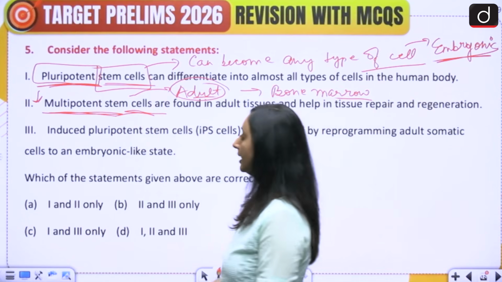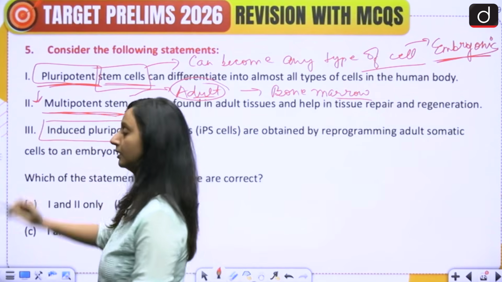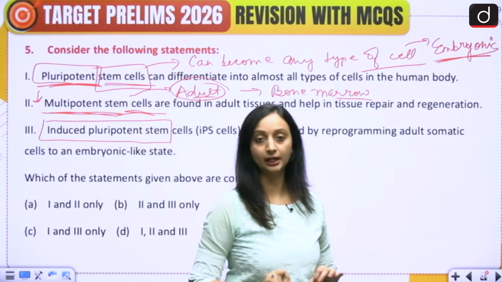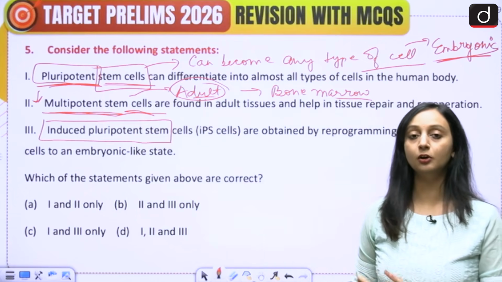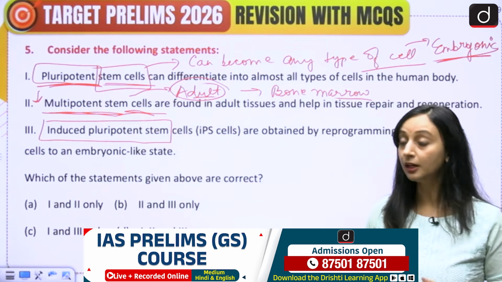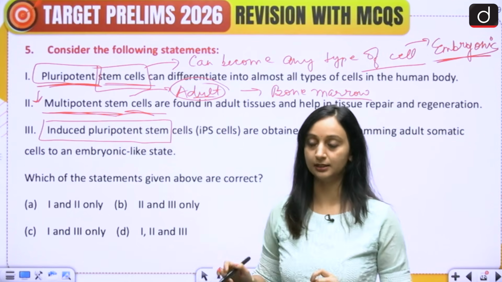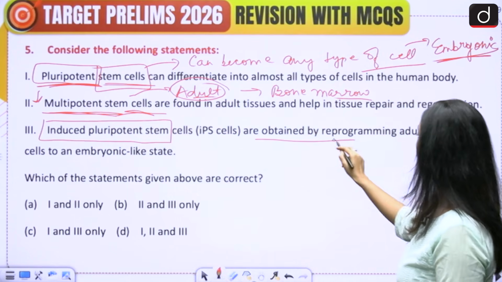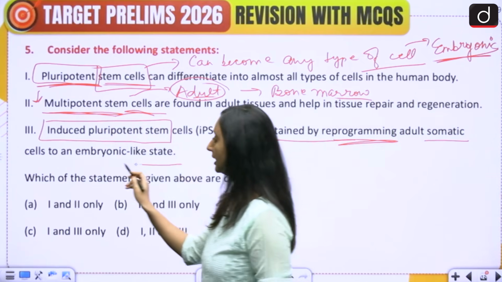Okay. And then we have a special type, which is the induced pluripotent stem cells. So these are not natural pluripotent cells, they are not found naturally in the embryo, but we are trying to reprogram something, we are trying to induce the pluripotency. How? They are obtained by reprogramming adult somatic cells into an embryonic-like stage.